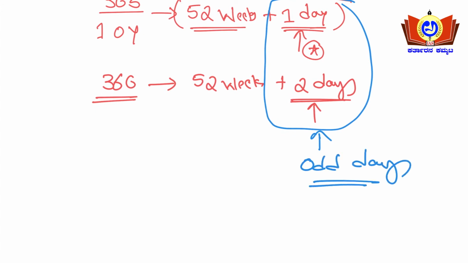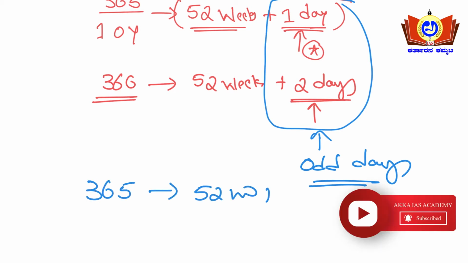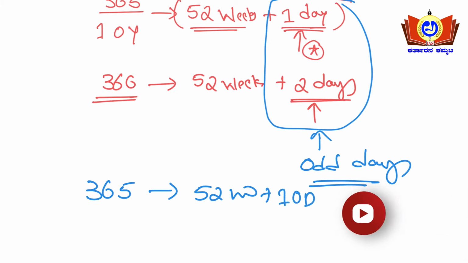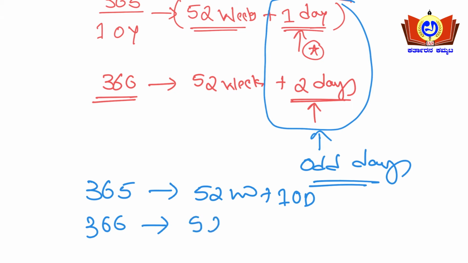So in one particular year, if it's a normal year, 365 days will be there, so 52 weeks plus 1 odd day. If it is a leap year, then 366 days, so 52 weeks plus 2 odd days. So you got the odd day concept, right?